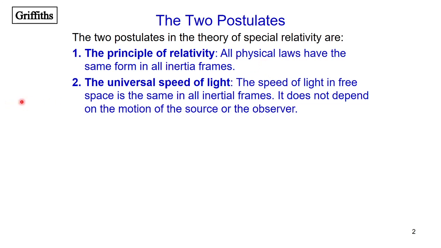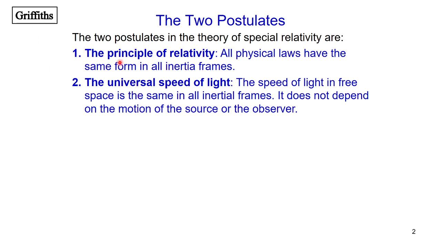The physical laws are the same. And if we have a flashlight emitting light from here to here, different inertial frames will see the same speed of light, c. That is, the speed of light in free space is the same in all inertial frames, in all Lorentz frames.